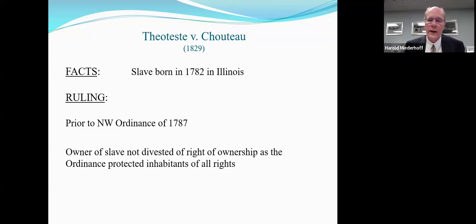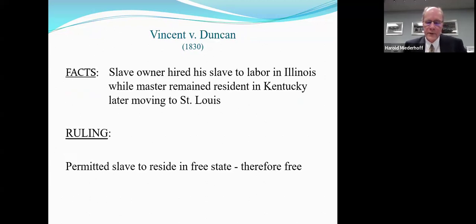So this particular lawsuit, again, is a timing issue with regard to when freedom attaches. In Vincent versus Duncan, the slave owner brought his slave to Illinois to provide labor, apparently rented the slave out to somebody in Illinois. The master remained a resident in Kentucky and then moved to St. Louis and brought the slave from Illinois into St. Louis.